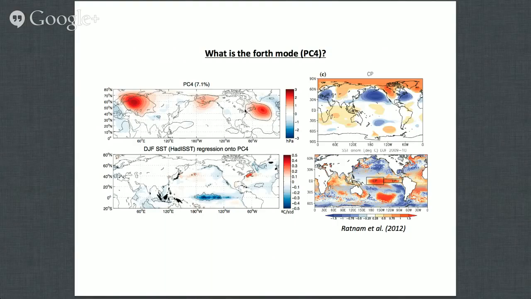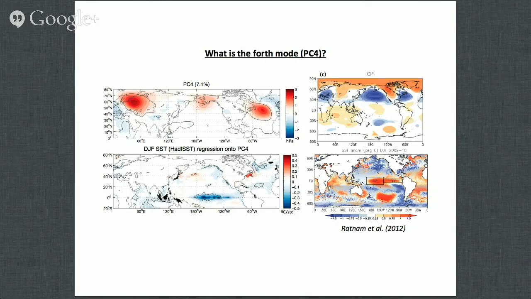The top panel shows the Northern Hemisphere sea level pressure pattern regressed onto this PC4, and you can see high pressure over northern Europe and so on.